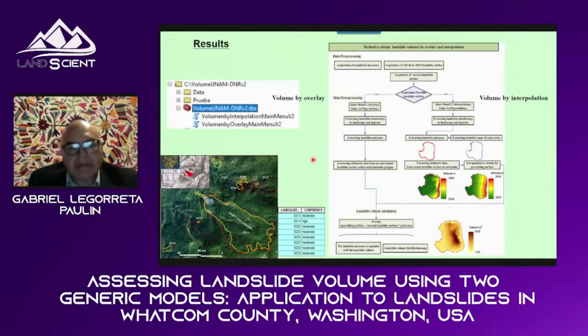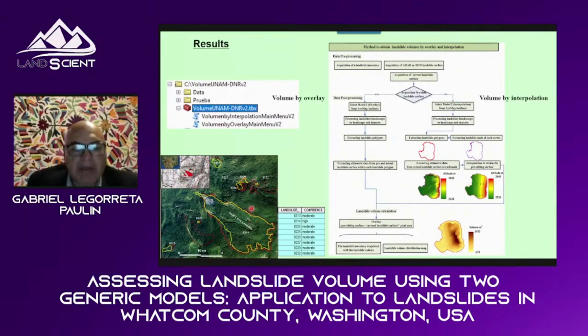So in order to address the above problems, we implemented the overlay and the interpolation method in our map by using Python. We put them as tools in our map. And then we tested the two models in real and theoretical conditions in the Sonoma Mountains at Whatcom County in Washington State.